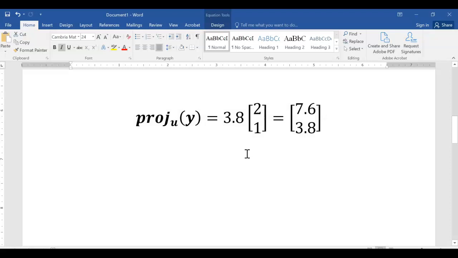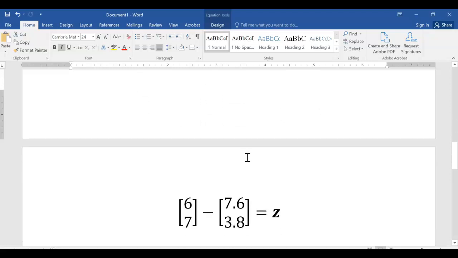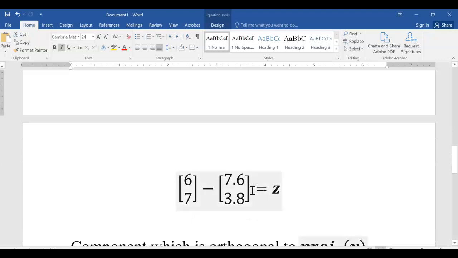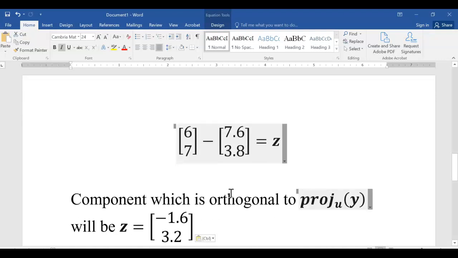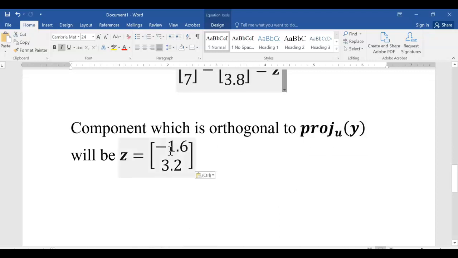Now, if you're looking for the component of 6, 7 which is orthogonal to u, what we do is we just take 6, 7 and subtract the projection that we just found. 6 minus 7.6 gives you negative 1.6. 7 minus 3.8 is 3.2. So the component which is orthogonal to the projection is negative 1.6, 3.2.